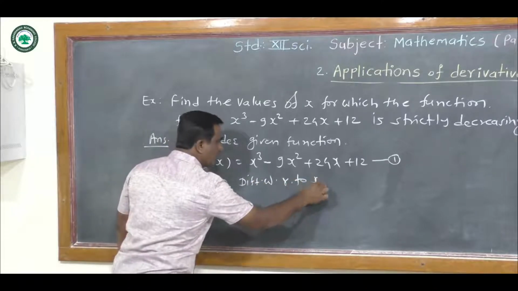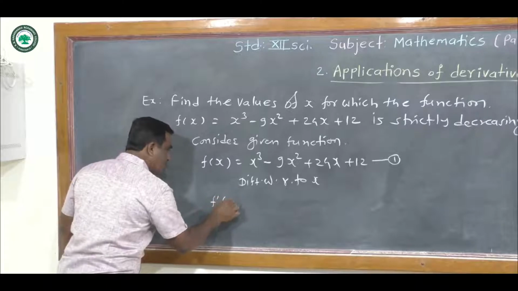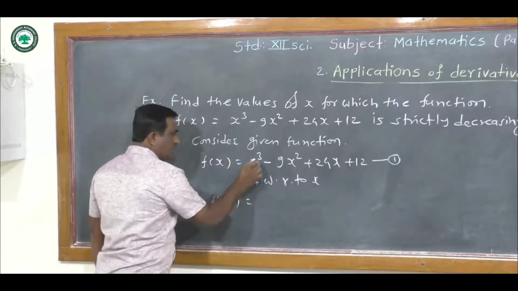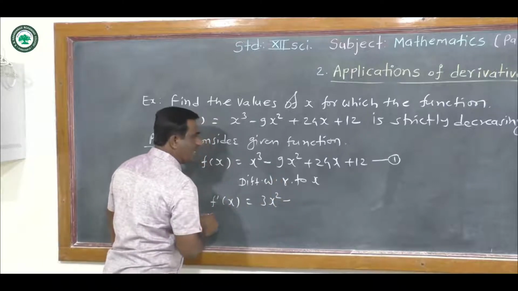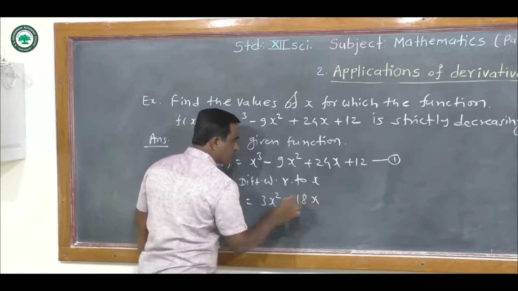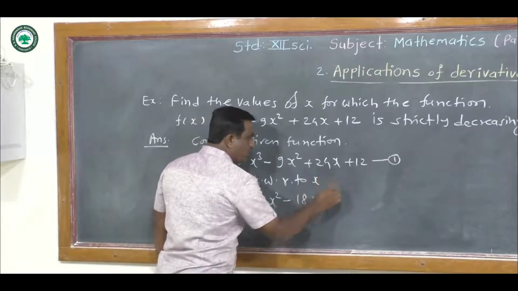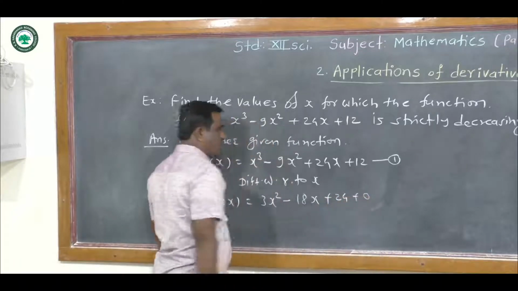Therefore the derivative of f of x is f dash of x equal to the derivative of x cube, 3x square, minus the derivative of 9x square, which is 9 into 2, 18x, plus the derivative of 24x, which is 24, plus the derivative of 12, which is 0.